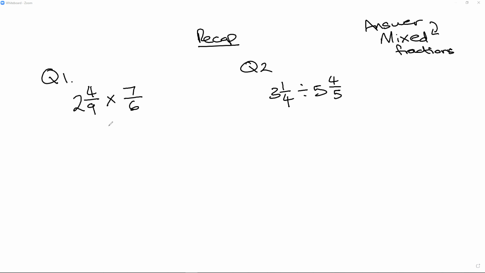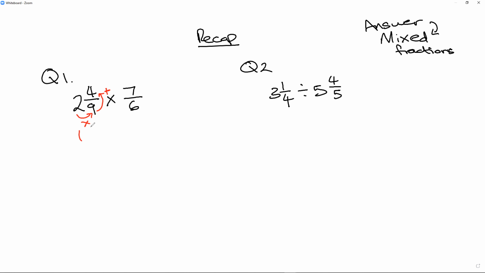Okay, let's go through them. Remember, the answer has to be in mixed fractions. So for question 1, I want to convert this number into an improper fraction. Remember, take the big number, multiply it by the bottom number, then add that answer to 4.